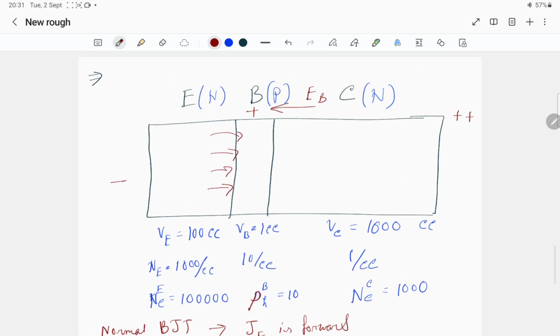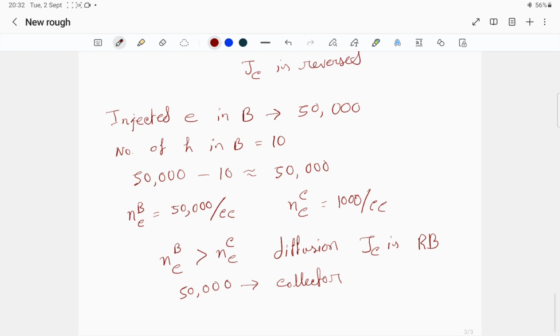So you see from emitter to base, this is my drift because of forward bias, but for base to collector we have diffusion because of reverse bias, right?